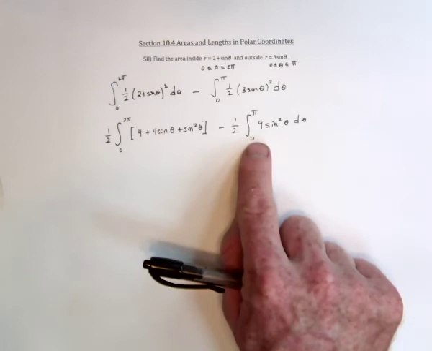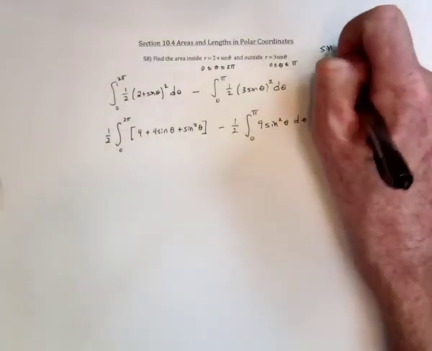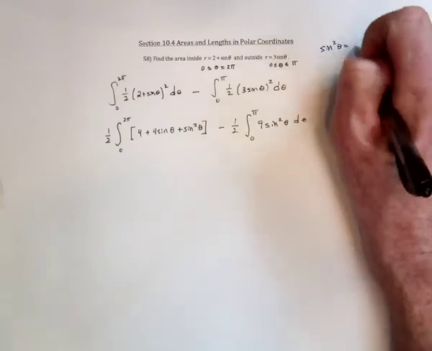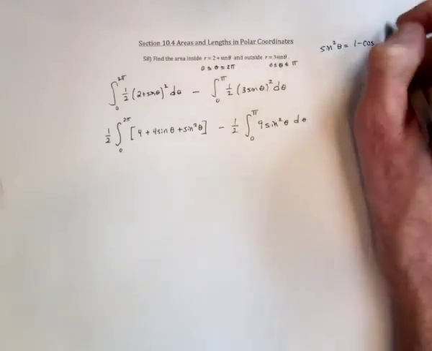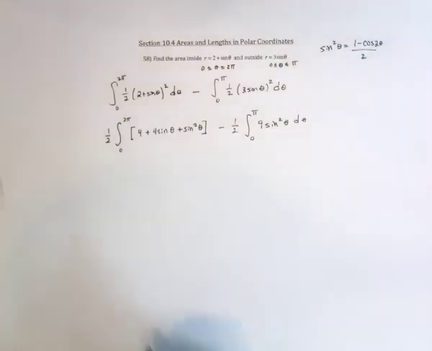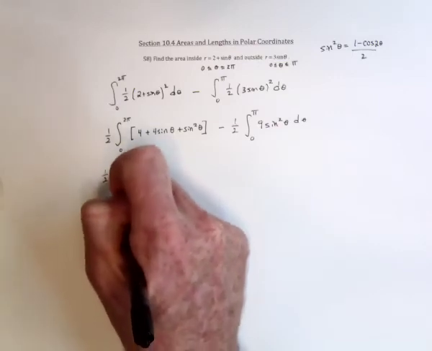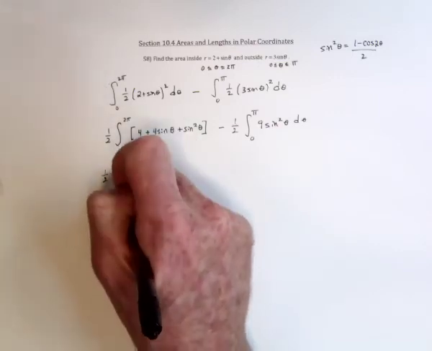Here's where we need to use the formula sine squared is equal to 1 minus cosine of 2 theta, divided by 2, to replace the sine squared. I'll do that right now, and I'll do the integrating afterwards.